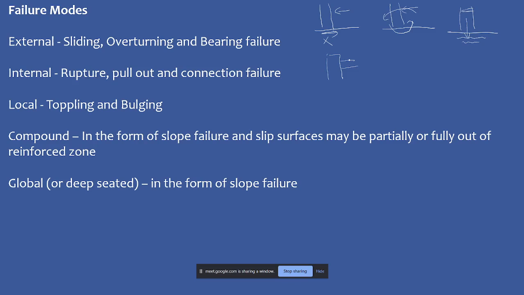Then you have the pull out failure. This reinforcement along with the wall, due to the high lateral pressure, this whole system will come out. So this is the pull out failure.